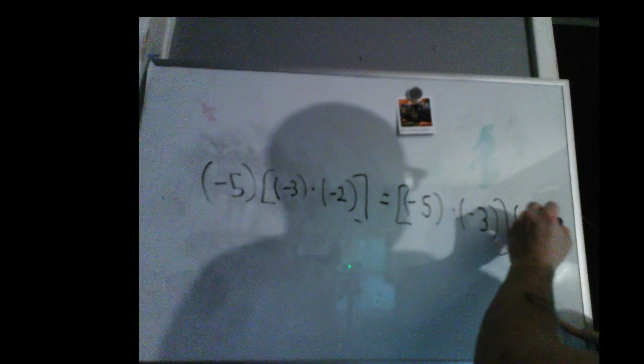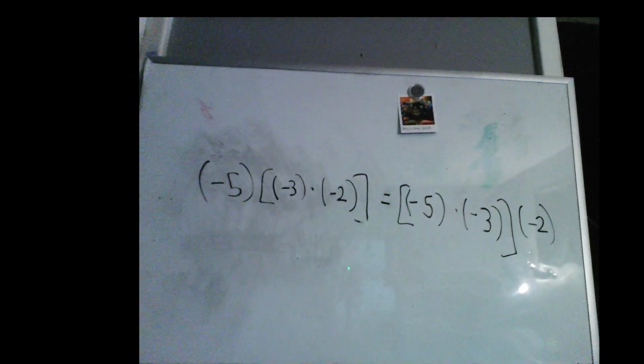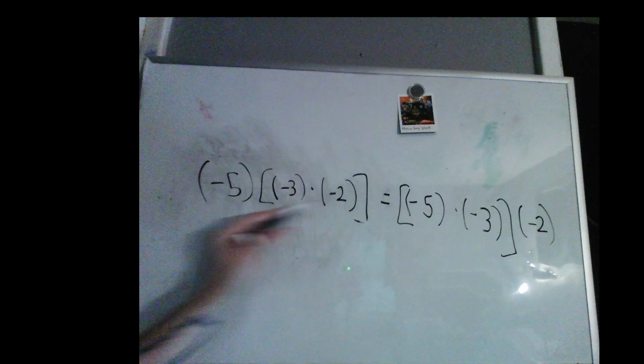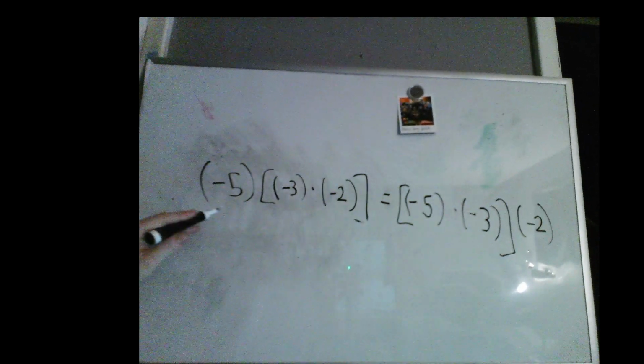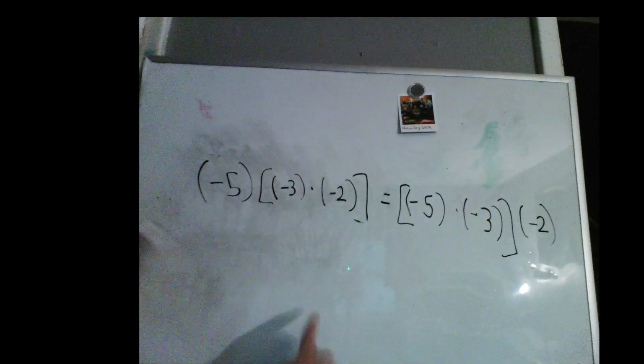As you can see here, the brackets have shifted over. On this side, we have the brackets around the negative 3 times negative 2.